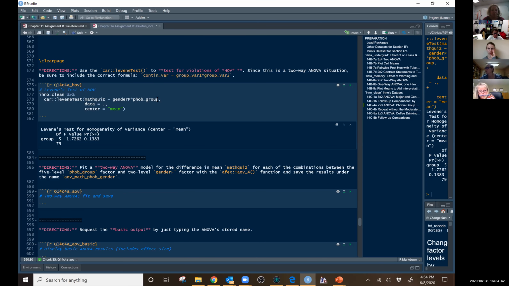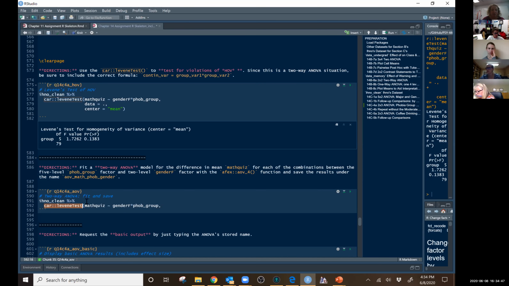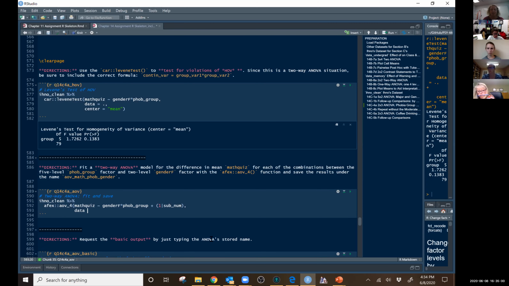It starts much the same, except we're going to do Anova, AOV4. And on the end of the formula, we have to add on the 1 per sub num in parentheses. And we're supposed to save this as a name, right?